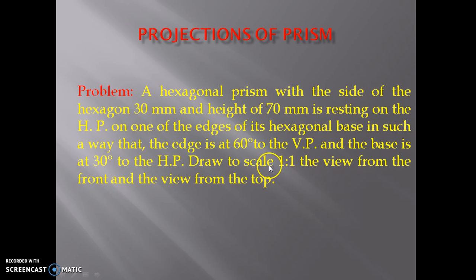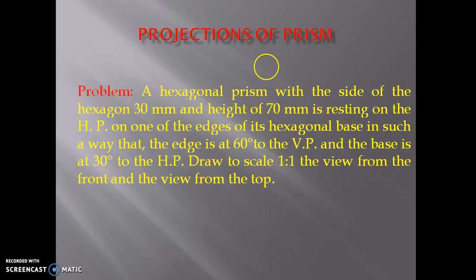So here the first important thing is to understand the problem and the given position of this hexagonal prism. Now this hexagonal prism is resting on its edge of the hexagonal base on the HP.